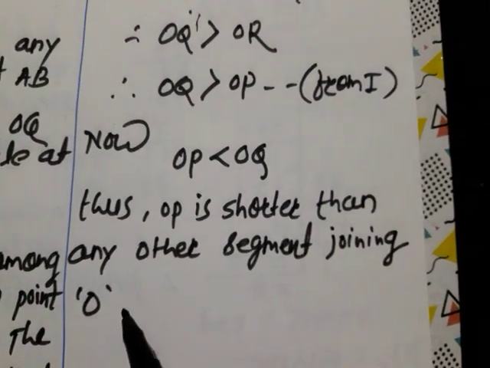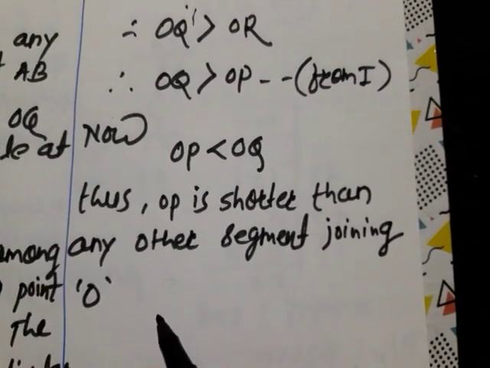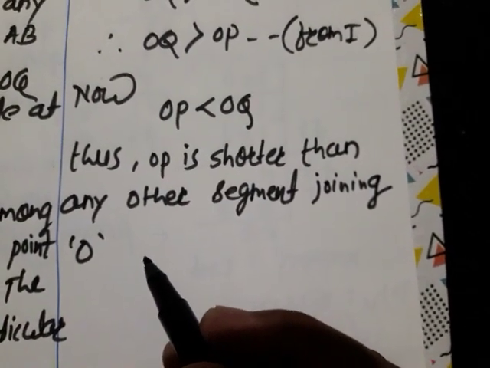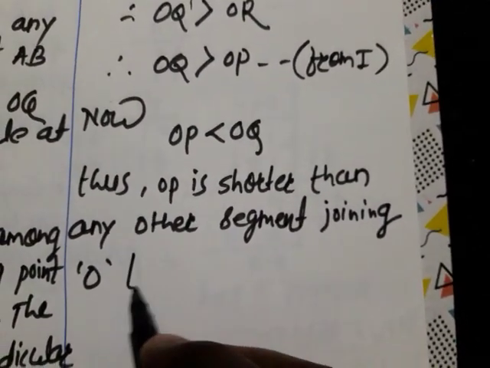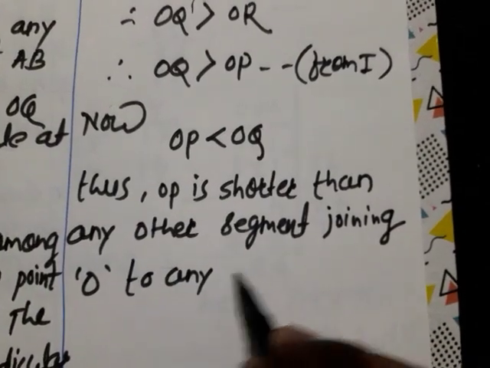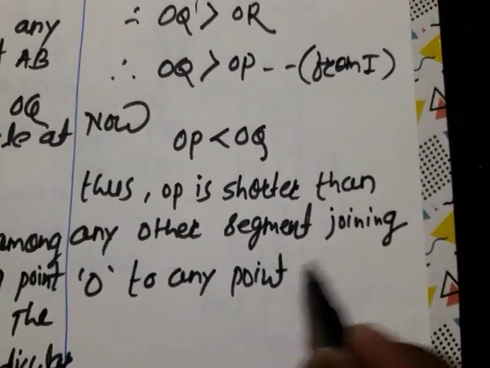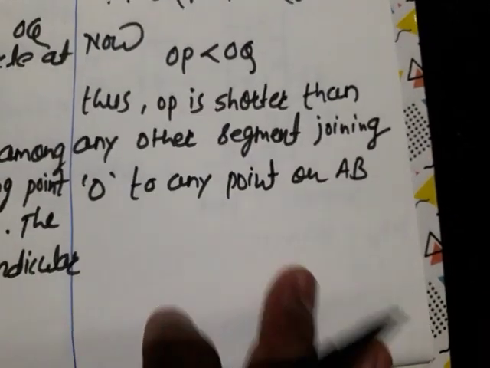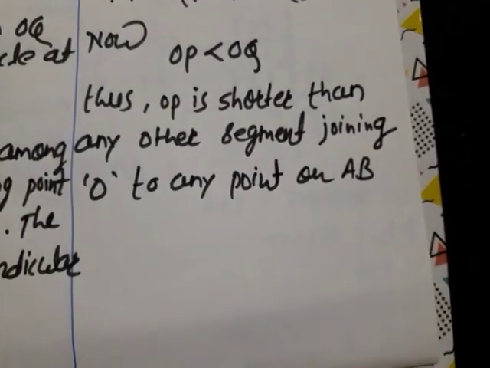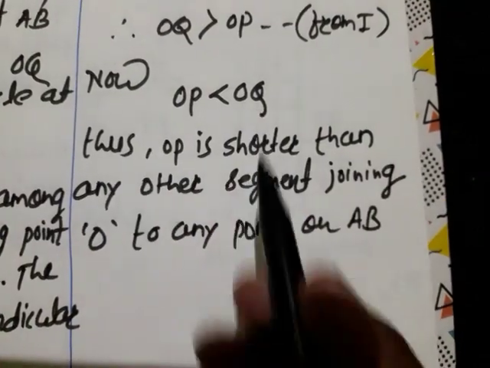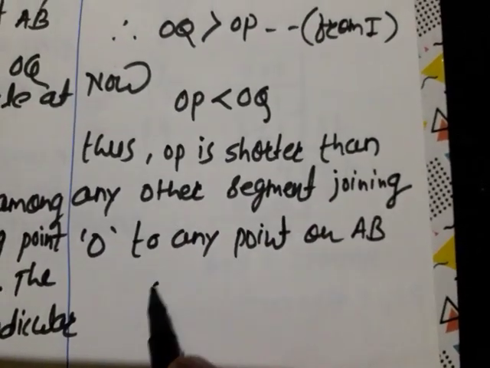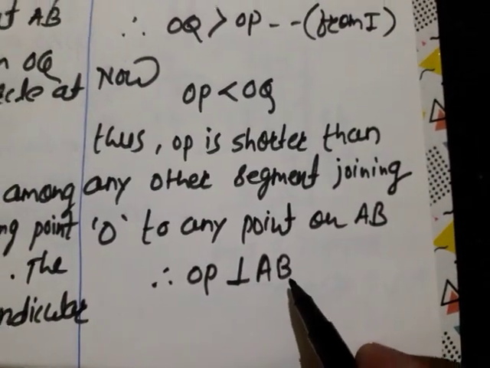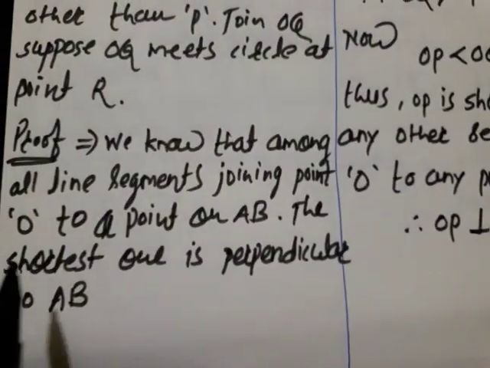Joining to the center. OP is shorter than any other segment joining O, means joining the center to any point of AB. To any point on AB or of AB, you can say it like this. Any point of AB means OP is the shortest segment. Therefore we can say OP is perpendicular to AB because this reason is there.